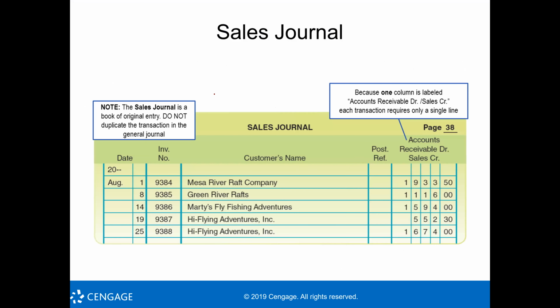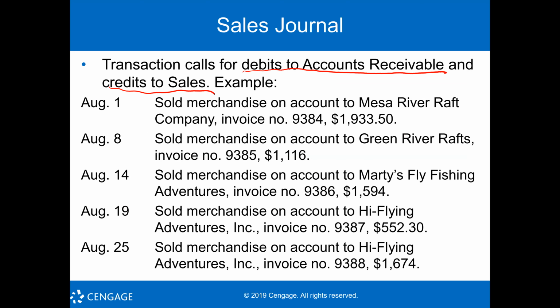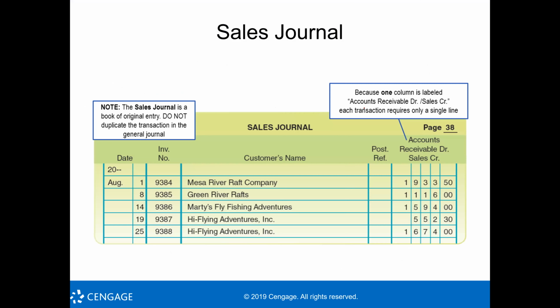So looking here, and again, these correspond, for example, Mesa River Raft Company, 1933.50. Here it is, Mesa River Raft Company, 1933.50. So those correspond to the previous slide.